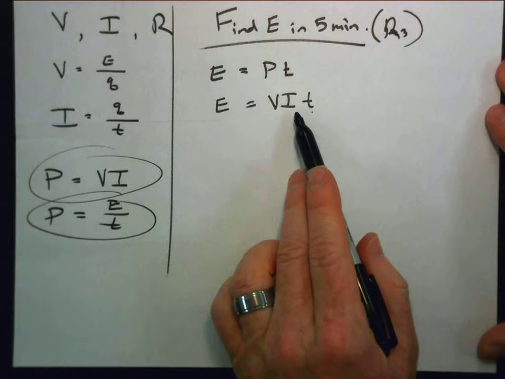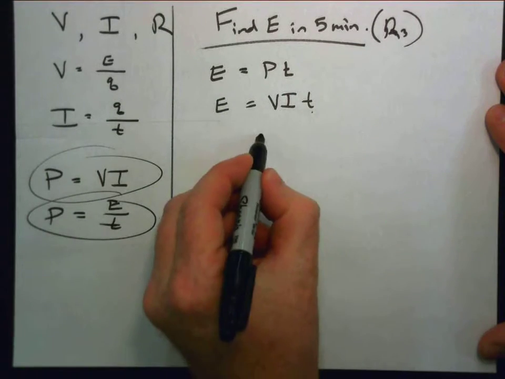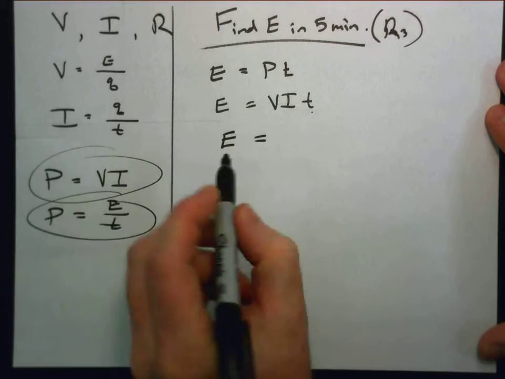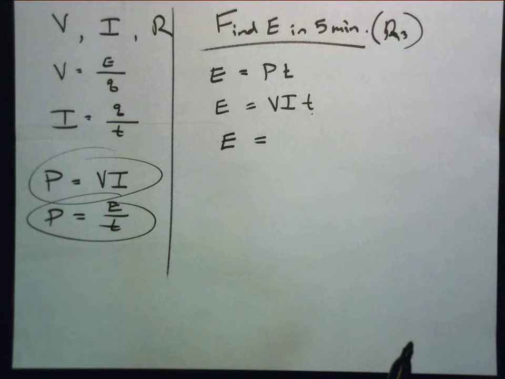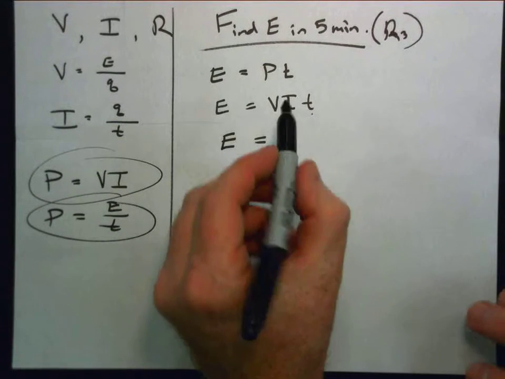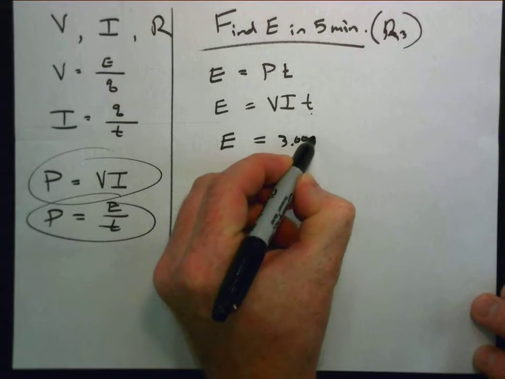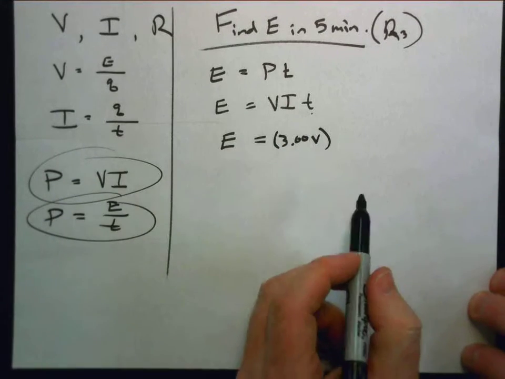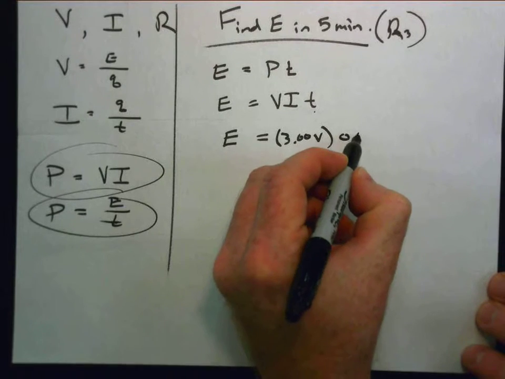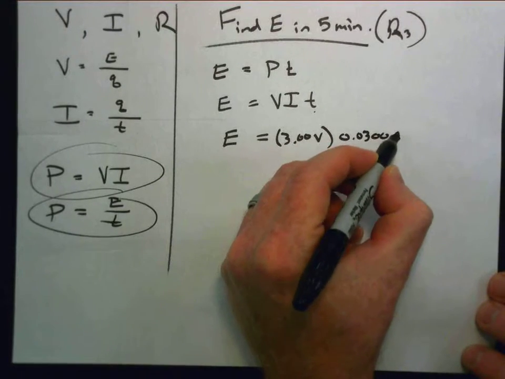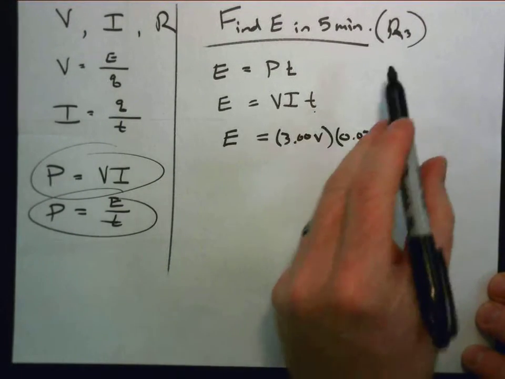Yes, I do. Do I know the current through R3? Yes, I do. And I know my time also. So now it becomes a pretty straightforward question to answer. My voltage drop across R3 was 3 volts. The current through R3 was 0.30 amperes. I have a time of 5 minutes.